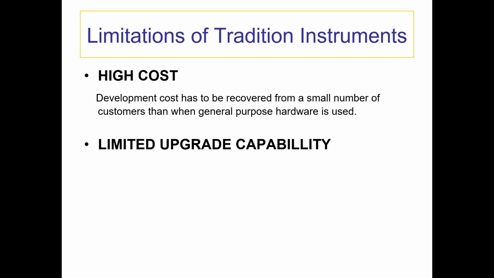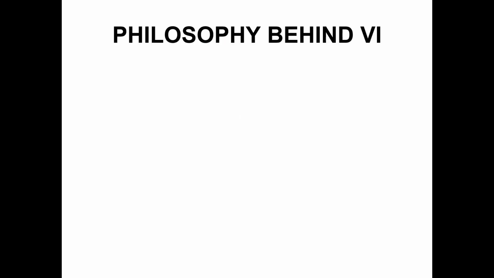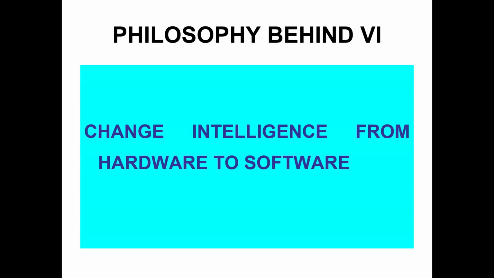Upgrading any hardware instrument becomes very difficult. If you see, all these problems are basically due to the hardware. The philosophy behind virtual instrumentation is to shift the intelligence from hardware to software, meaning maximum software and minimum hardware.